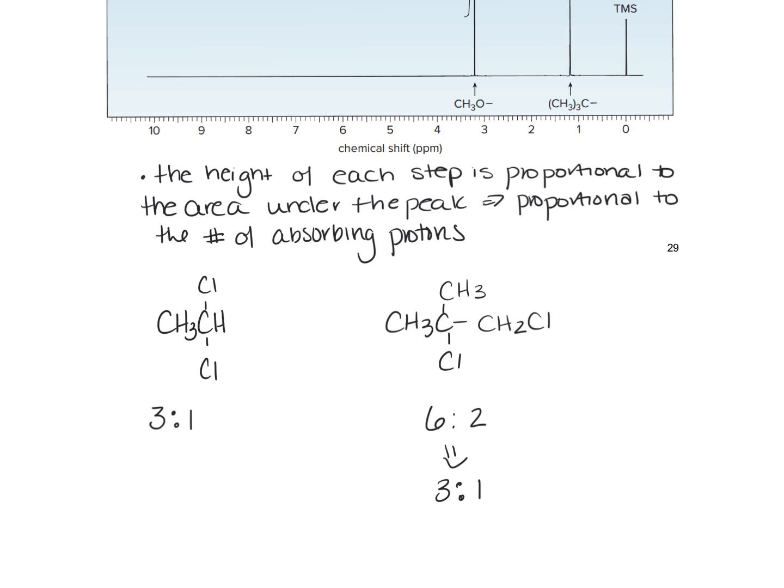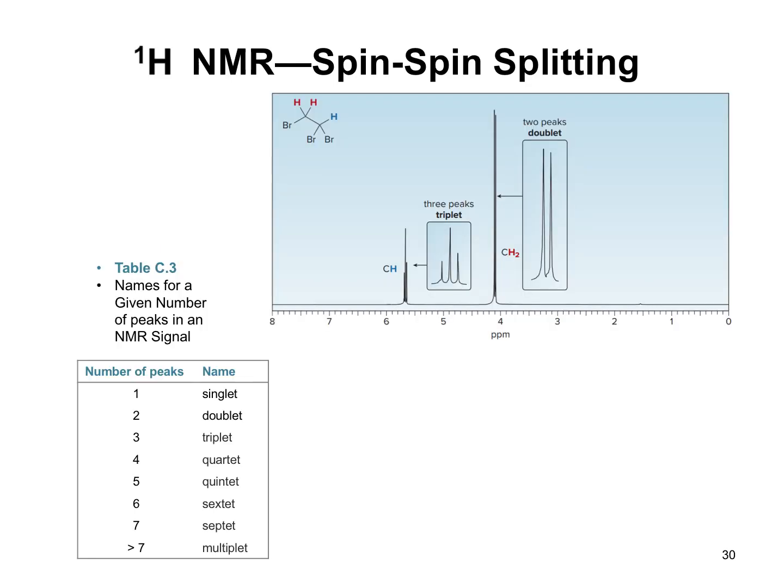Now, NMR spectra also have peak splitting, which gives us a wealth of information. So let's talk about that for just a moment. When we look at this molecule shown here, what we find is that one of these protons will give us 2 signals and the other will give us 3 signals.